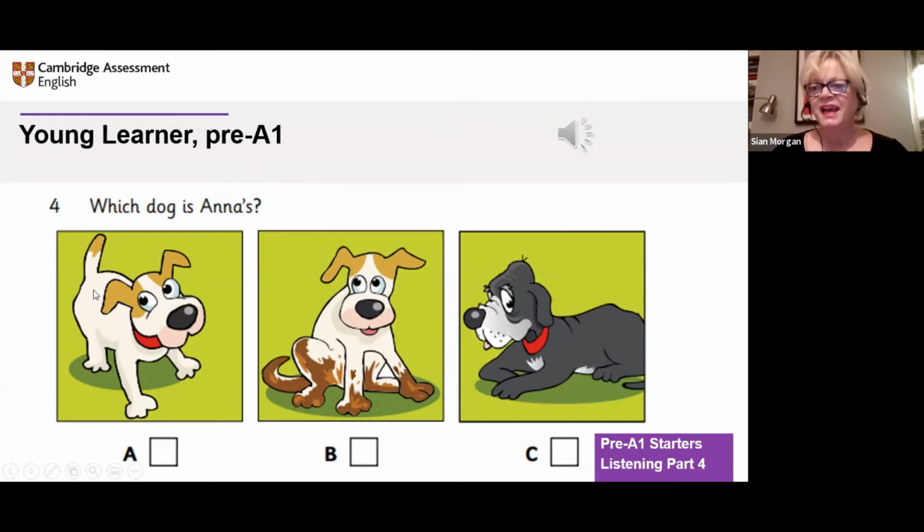This is a pre-A1 test, so it's aimed at beginners, absolute beginners, and it's been specifically designed for young children. The previous example included images in black and white, as you remember, but we know that for young learners, colourful images are more appealing and easier to process.